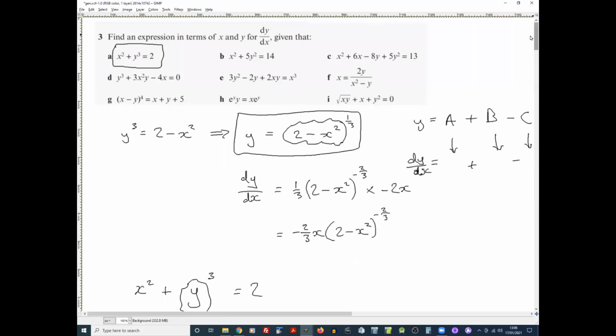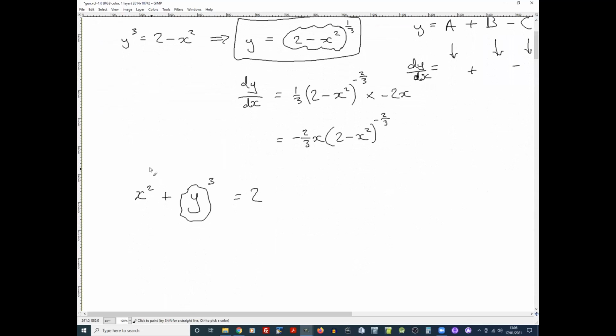And we can do the same even if y isn't the subject. The derivative of that plus the derivative of that is going to be equal to the derivative of 2.